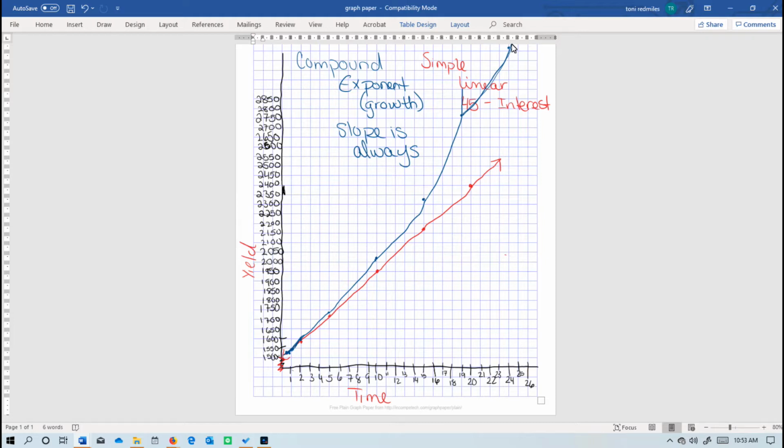And that is always changing in compound because the principal amount the interest is being collected on is always changing, because what that formula does is it takes the interest from the line before and adds it with the principal, and then it does it again, and then it takes that and adds it to the principal. So that principal amount that we're figuring out our interest on is always growing.